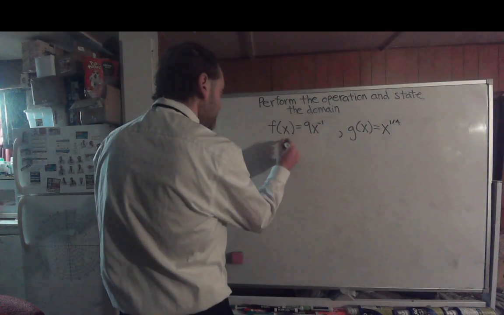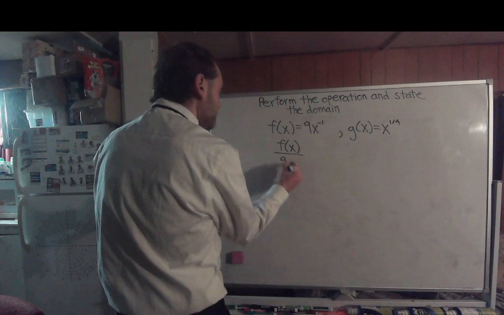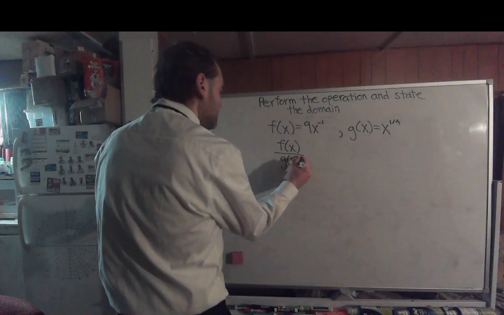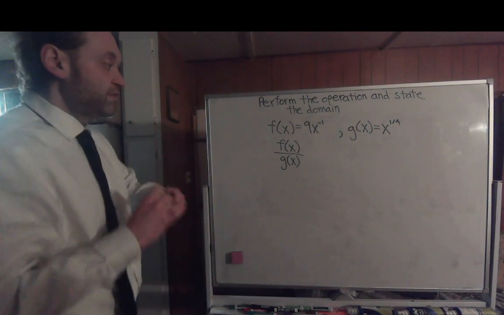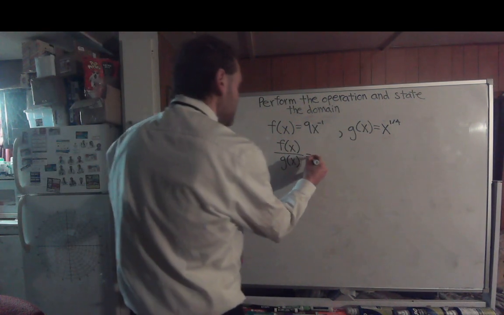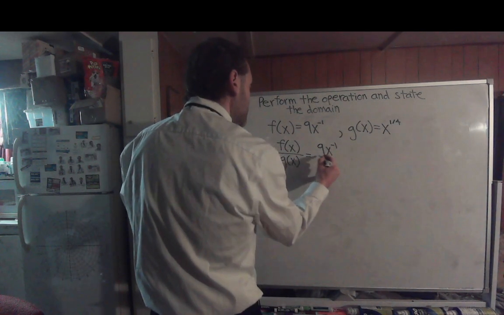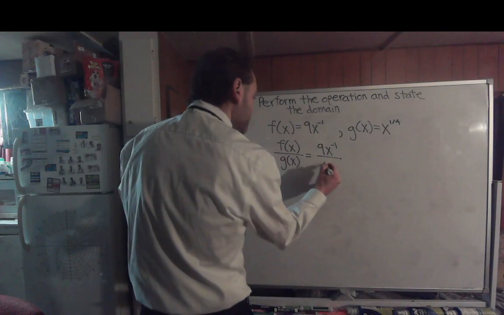This time, they want us to find f of x divided by g of x. So we are going to take f of x and divide it by g of x. So take your 9x to the negative first, divide that by your x to the 1/4.